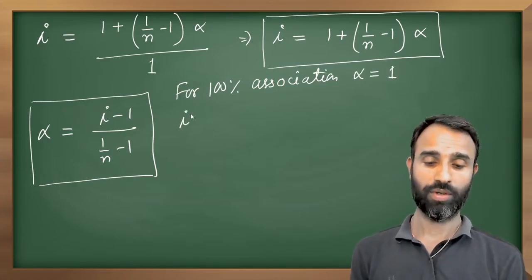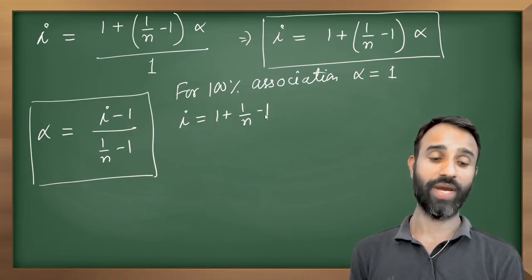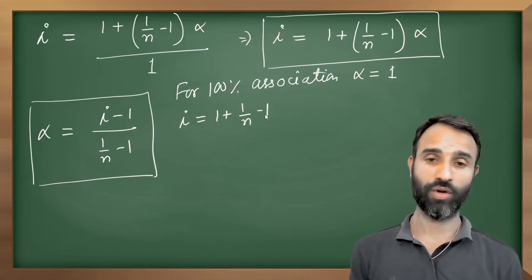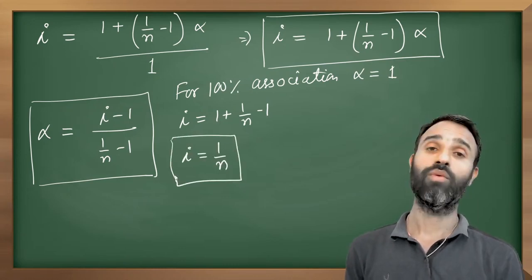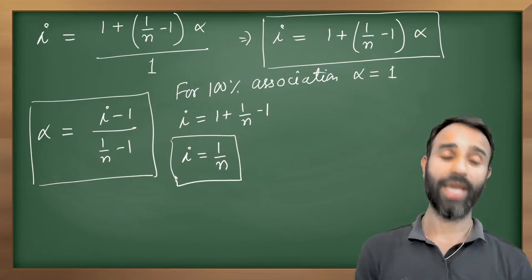So I is equal to 1 plus 1 by n minus 1. Alpha is 1 only. So I is equal to 1 by n.